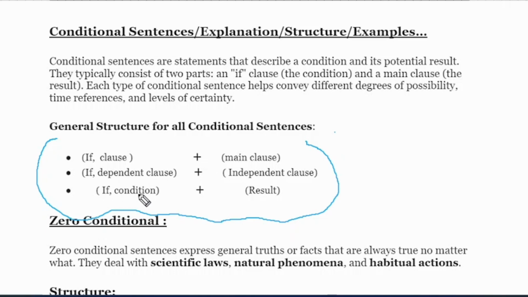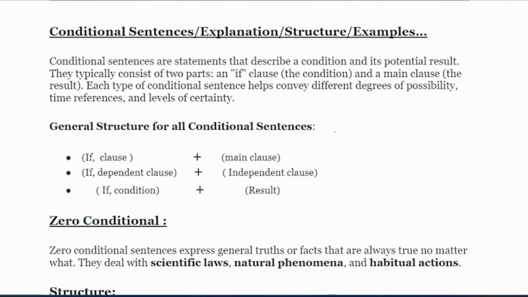In the if clause there will be a condition, and in the next clause there will be a result. That is the general structure of conditional sentences.